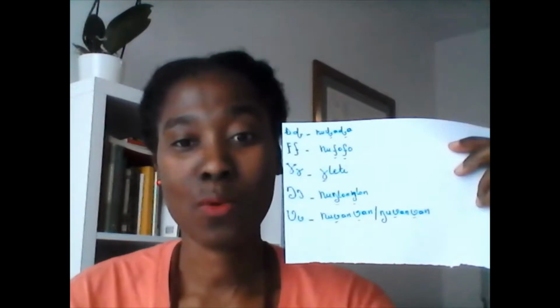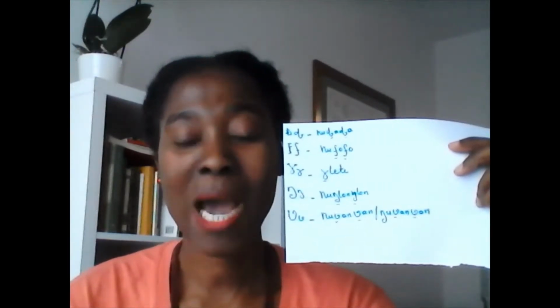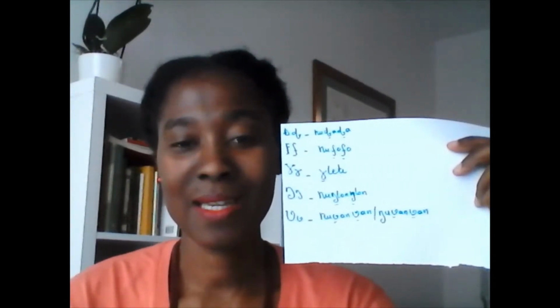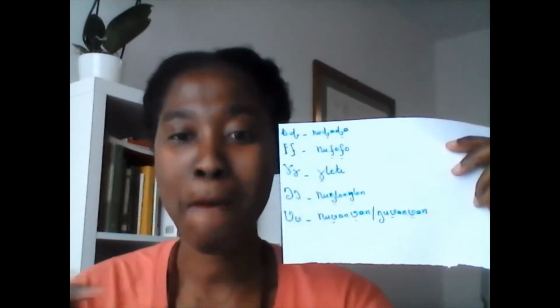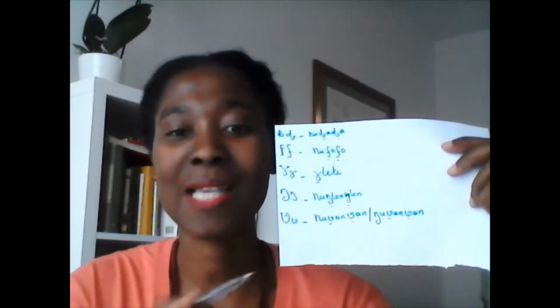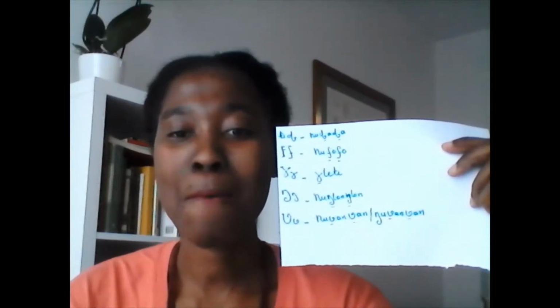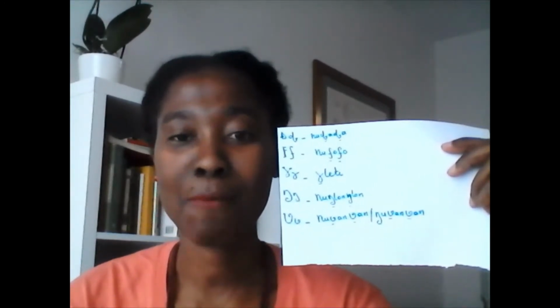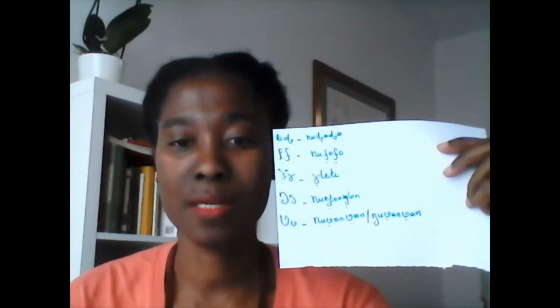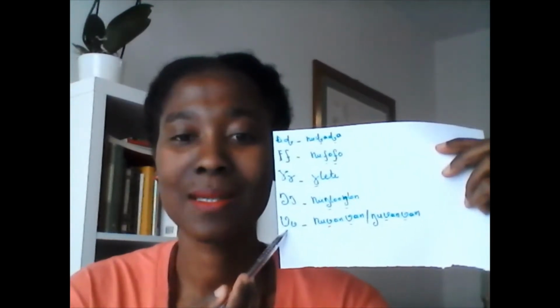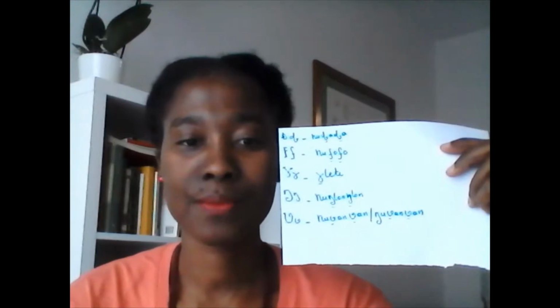So the example: even the word Ewe, if I say Ewe, we write it with W, but it has to be written with this v. In Ewe we say it with this v.